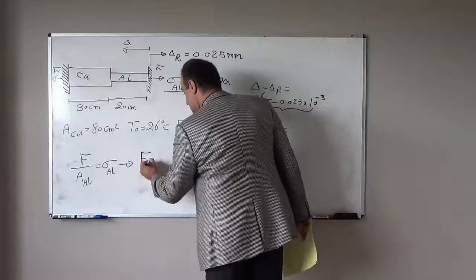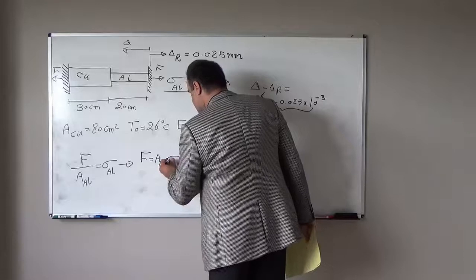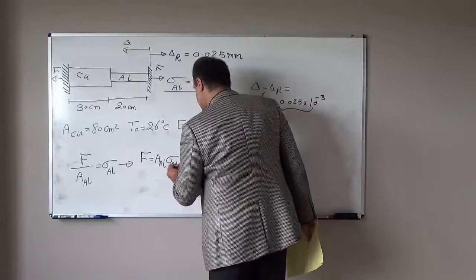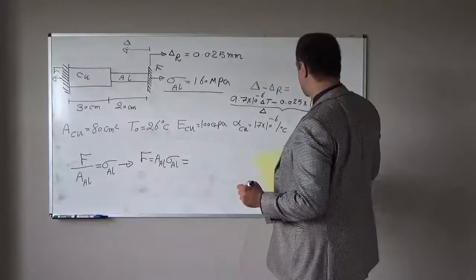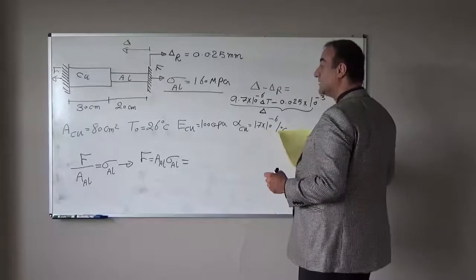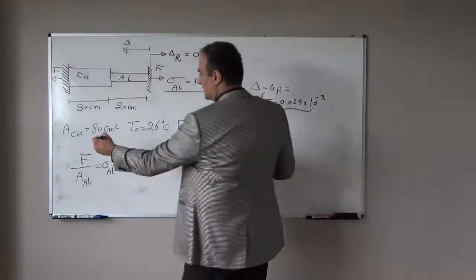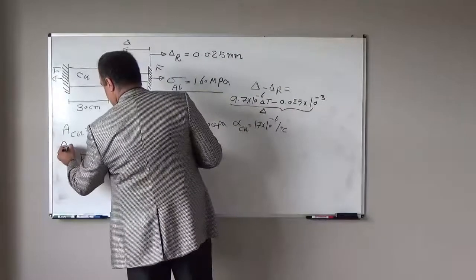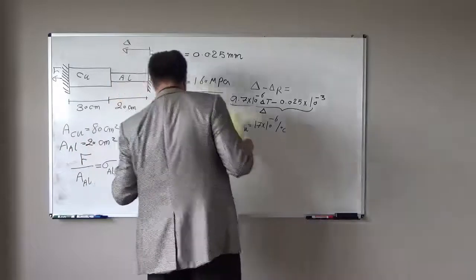F will be equal to the cross-sectional area of the aluminum times the stress inside of the aluminum. The cross-sectional area of the aluminum is given. It was 20 centimeter square.